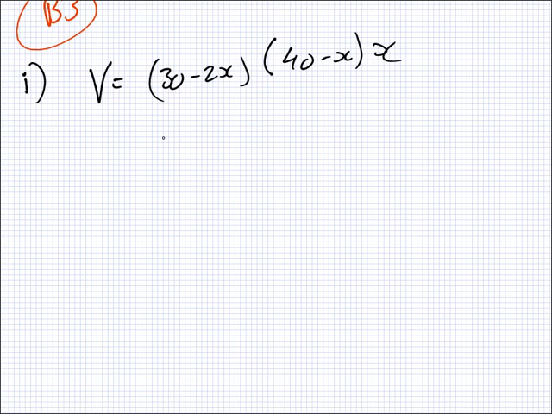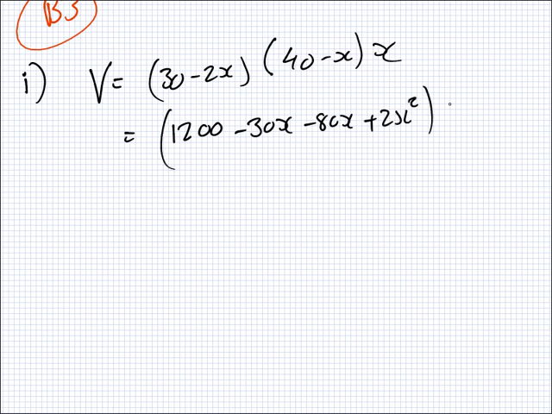Okay, so we have to multiply this out. 30 times 40, what's that? 1200 minus 60x minus 80x plus 4x squared, times x.